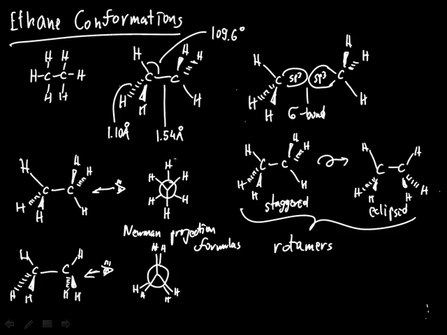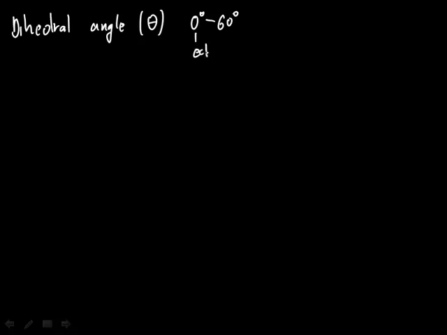This angle is an important one, and here this angle is 60 degrees, while here the same angle is 0 degrees. When we talk about that angle, we refer to it as the dihedral angle, using the Greek letter theta, and this varies between 0 and 60 degrees, with 0 being the eclipsed and 60 being the staggered conformation.